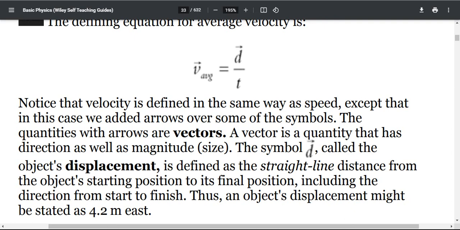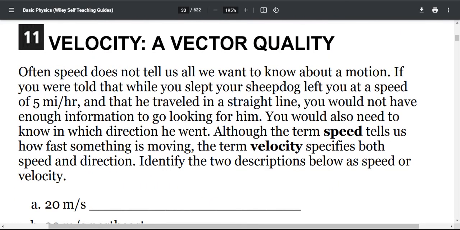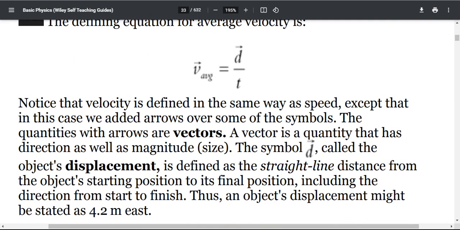This is a very important part. Speed tells us how fast something is moving, and velocity tells us how fast something is moving and in which direction. As you can see, there are arrows over the v and the d. The quantities with arrows are vectors.